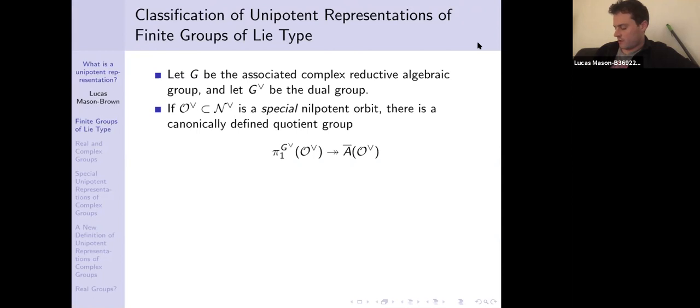There is a notion of a special nilpotent orbit, which I'll explain in a moment. And if you have a special nilpotent orbit, you can consider the finite G-equivariant fundamental group of this orbit. And this finite group admits a canonically defined quotient group called Lusztig's quotient, usually denoted A bar.